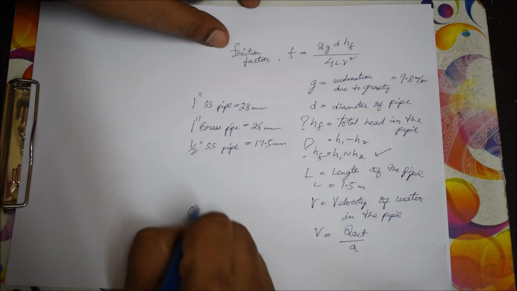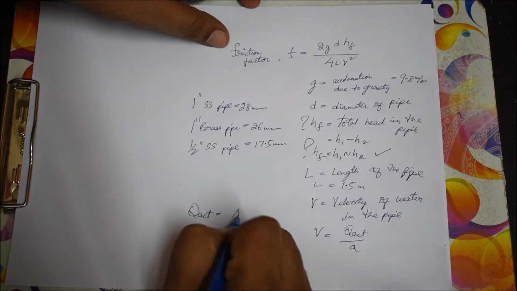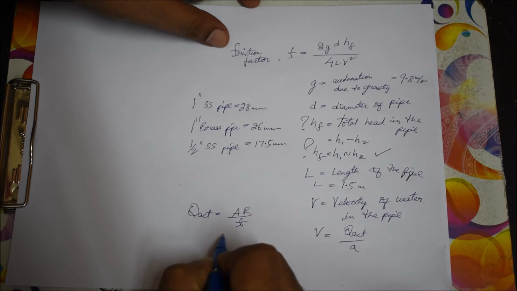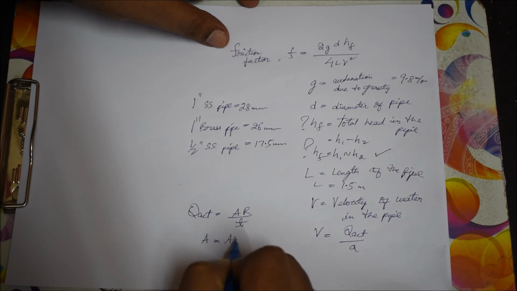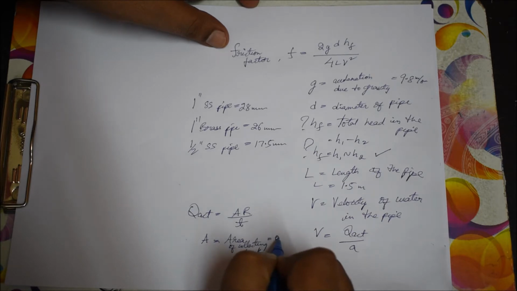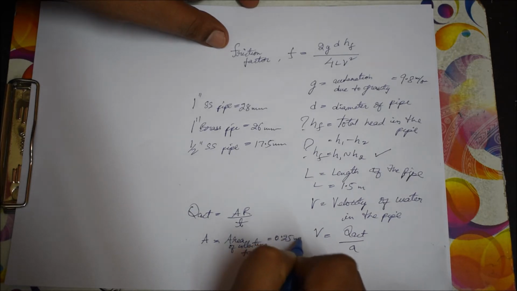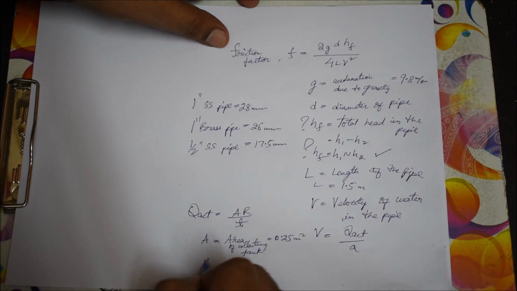How to calculate Q actual? Q actual is equal to A into R by T. Since Q actual is calculated with respect to the collecting tank, here A is area of collecting tank. So area of collecting tank is known to be 0.25 meter square. R is 10 centimeter rise in water level.